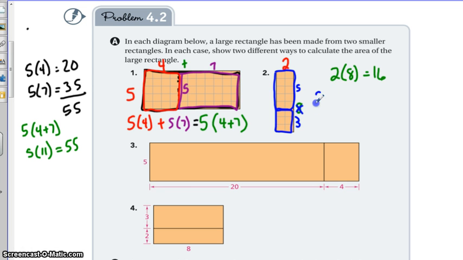So now what we have is 2 times 5 plus 2 times 3, or we could add them together and say 2 times (5 plus 3), so that we get the 8. So this is really just writing this out as the sum of those two numbers. Either way, we get 10 plus 6 equals 16, or we get 2 times 8, which would equal 16.